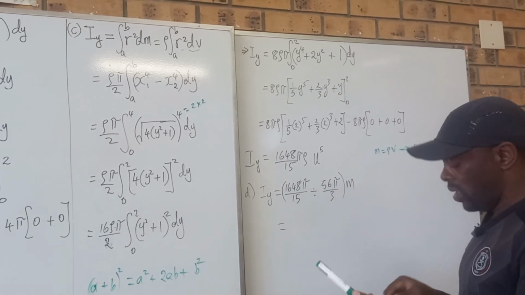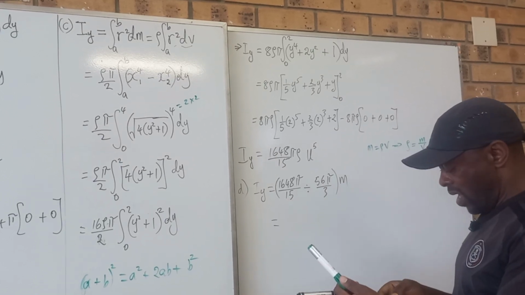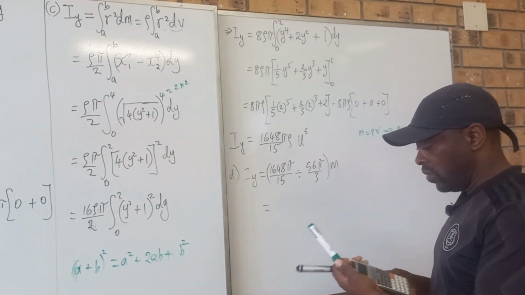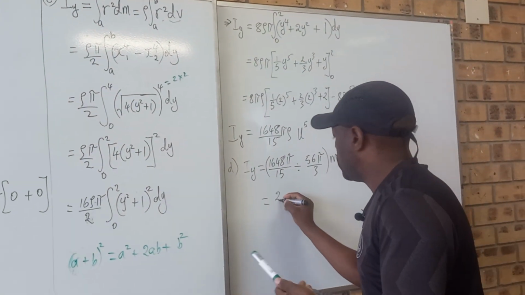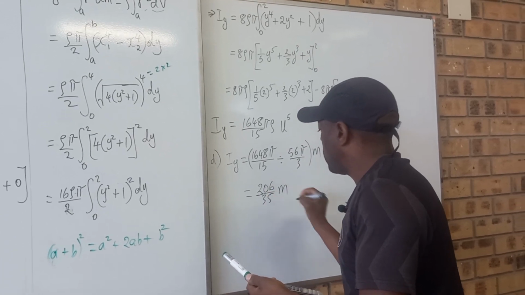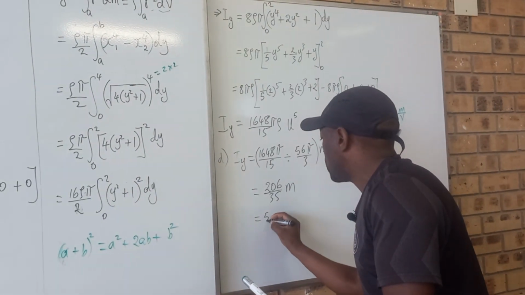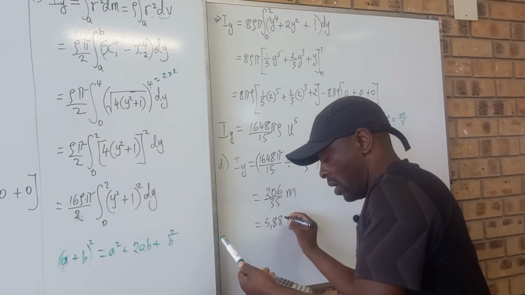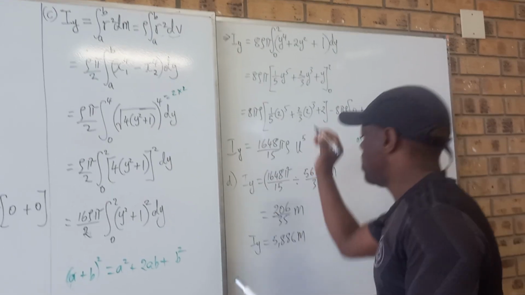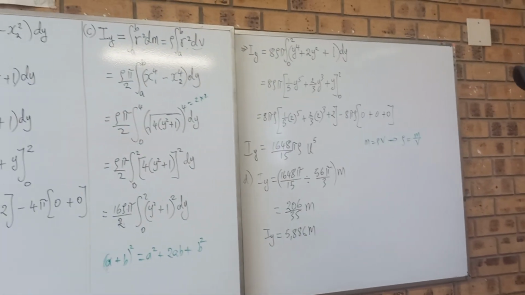So I will simply be taking 1648 over 15 divided by 56 on 3. So if I do that, it gives me 206 over 35 m. If you want your answer in decimals, it's still not a problem. You can get 5.886 m. So guys, this is our moment of inertia in terms of the mass.